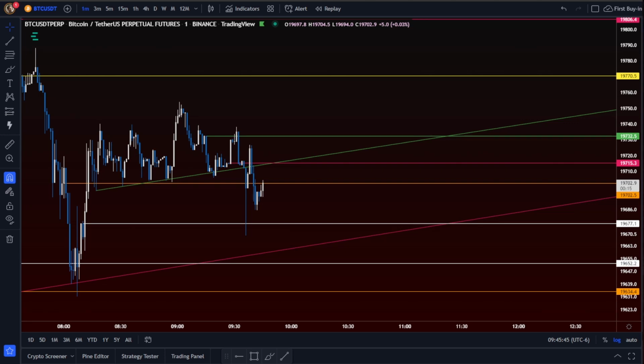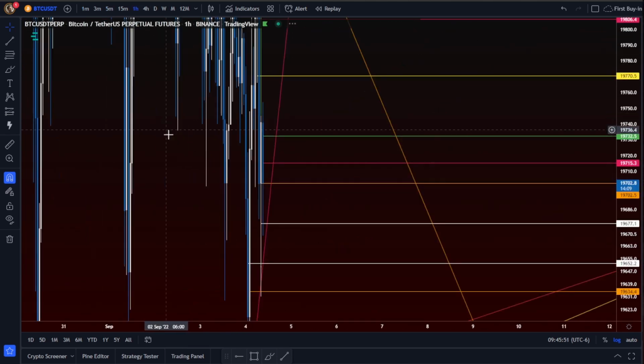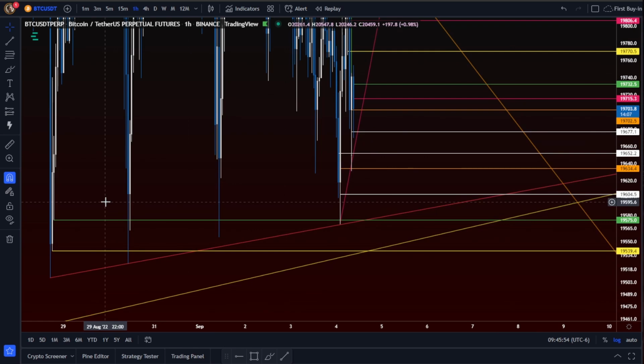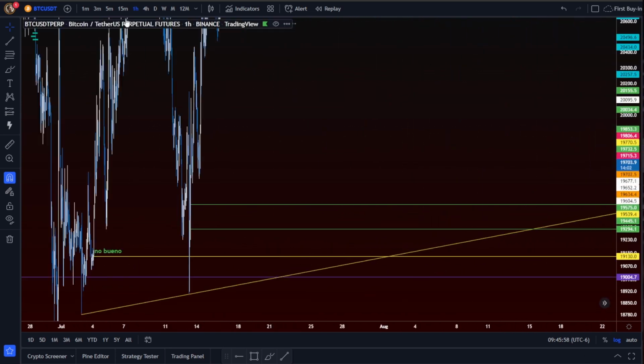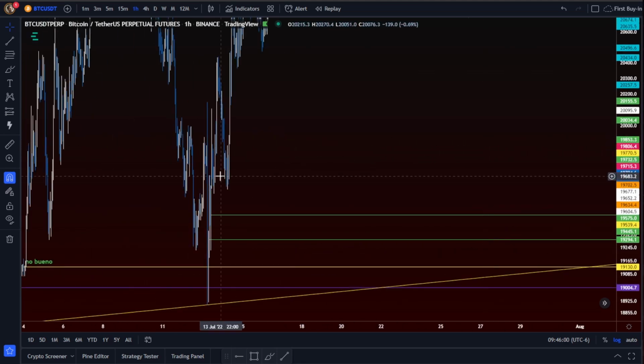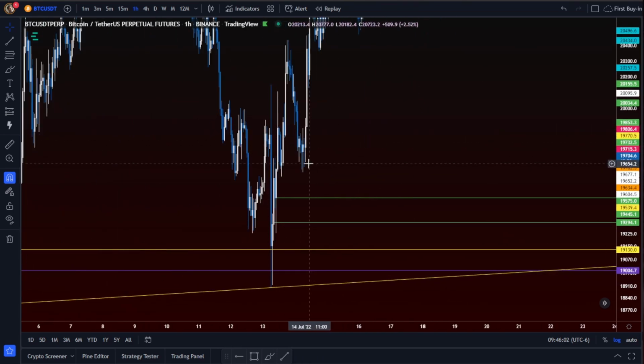Cotton, did you say it's a 1-hour origin, July 13th on the bottom? Let's take a look. Oh, you're talking about way back here. Yeah, I mean, it's possible for sure. Talking about here.